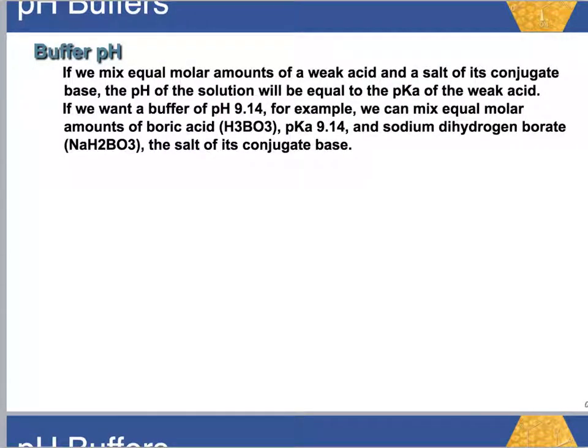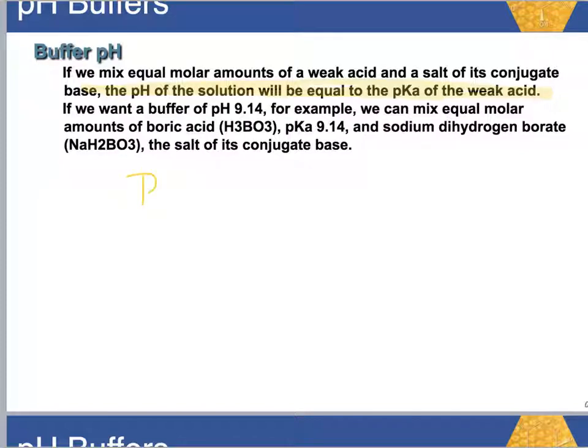One thing that we need to remember about buffers is how can we figure out how to make them. And what you have to remember is the pH of the solution. This is really important. The pH of the solution will be equal to the pKa of the weak acid. So how do we find that?